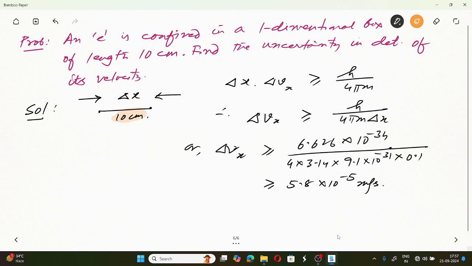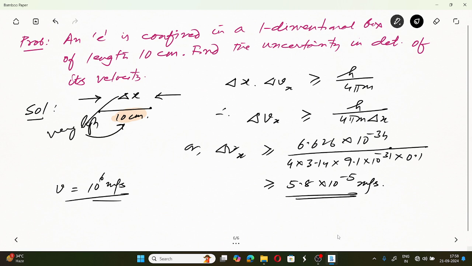But if you look at the uncertainty in velocity, the velocity is of the order of 10 to the power 6 meters per second. And this is very small with respect to the value of velocity. So since the position uncertainty is very high, because it is 10 centimeters, the uncertainty in the determination of velocity is very small. Okay, so this is a very simple problem.